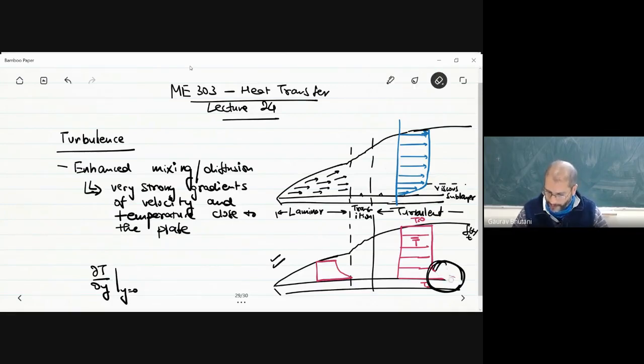I haven't drawn it that way, but I can exaggerate this a bit further. The gradients here near the wall are much stronger than what you see here.